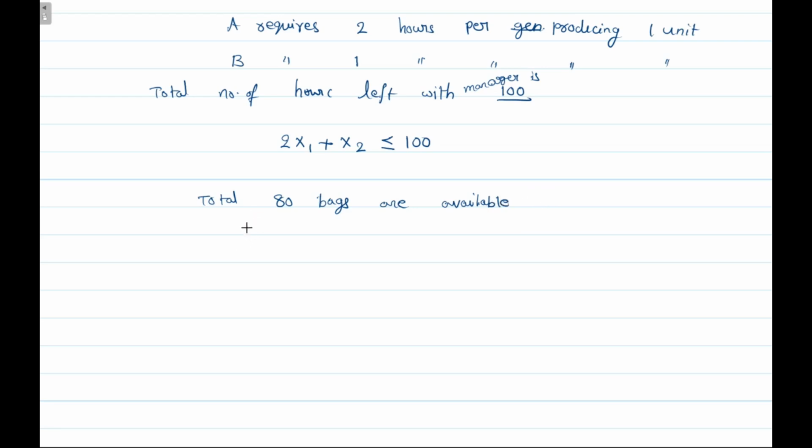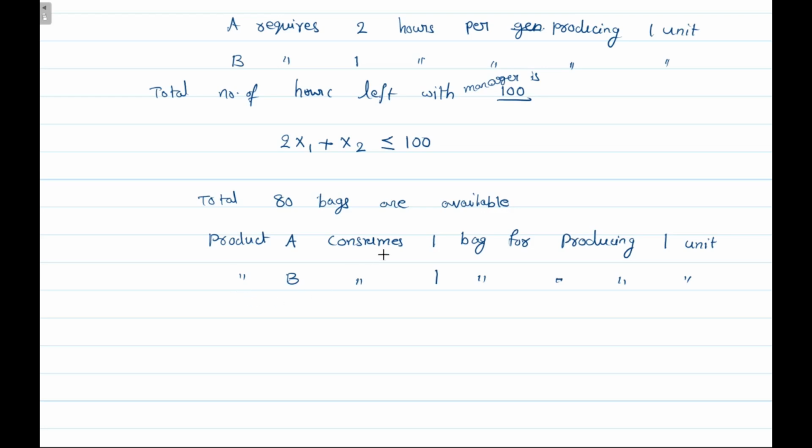Each product A consumes 1 bag for producing 1 unit. Product B consumes the same. Let us take equal resources for product A and product B, so product B also consumes 1 bag for producing 1 unit.